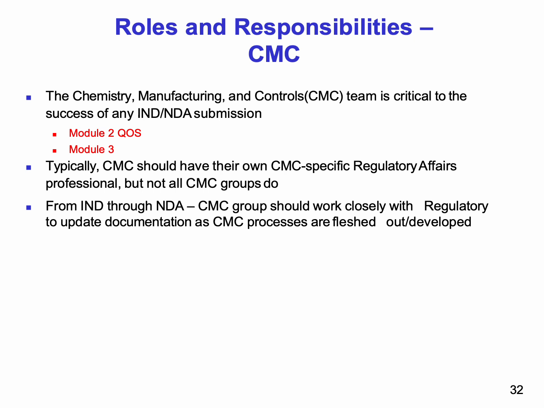Typically, CMC should have their own CMC-specific regulatory affairs professionals, but not all CMC groups do. From IND or CTA through NDA or NDS, the CMC group should work closely with regulatory affairs to update documentation as the chemistry, manufacturing, and control processes are fleshed out or developed.